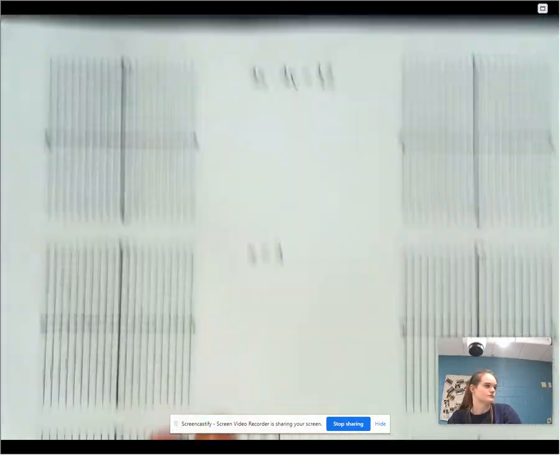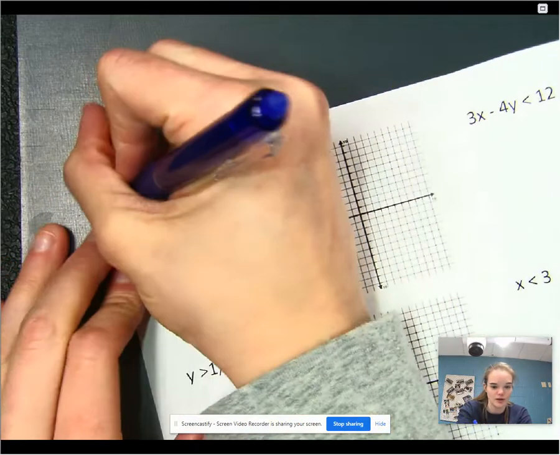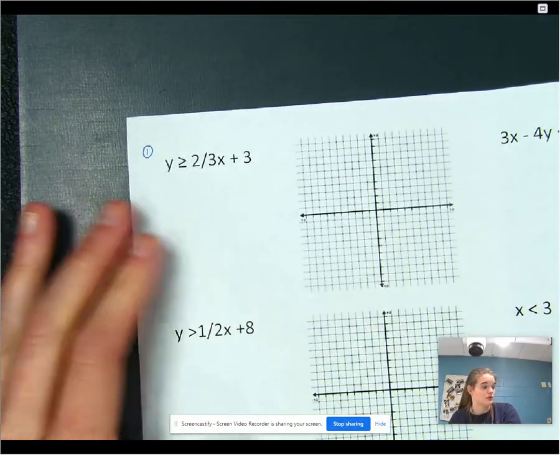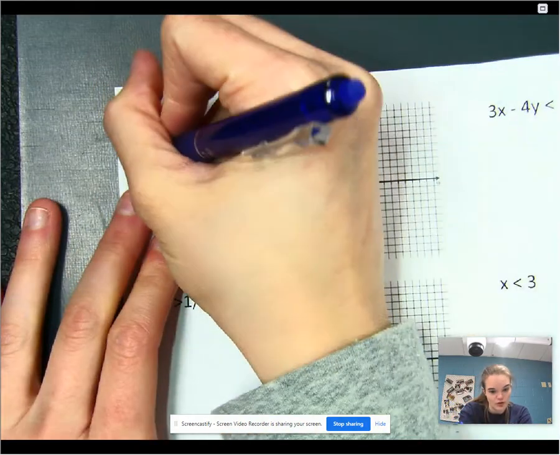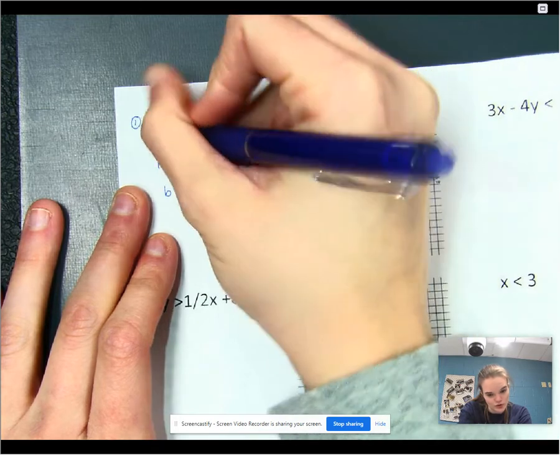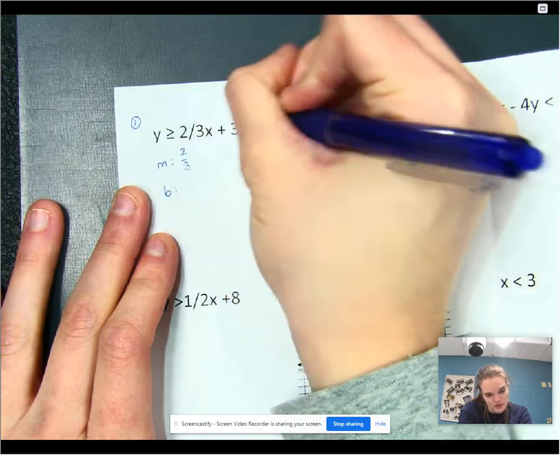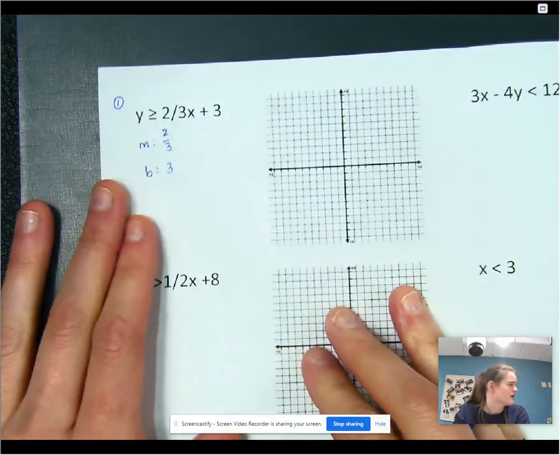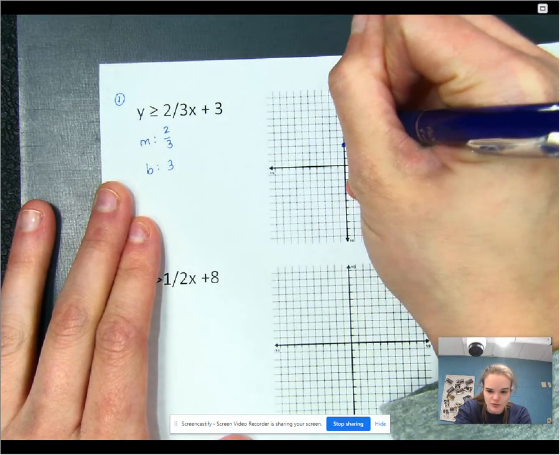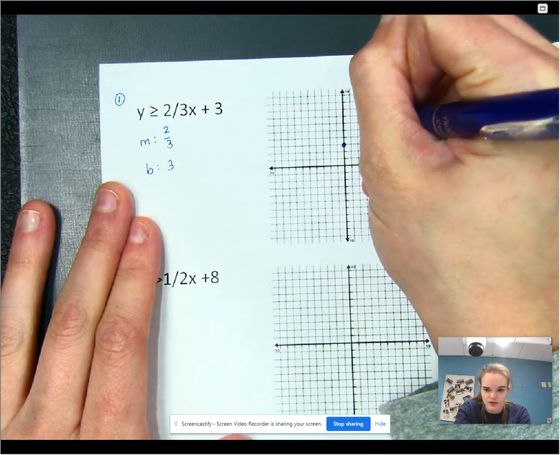Okay, we're going to label this one number 1. Is it already in y equals mx plus b form? Yes. So slope, y-intercept. The slope is 2/3. The y-intercept is 3. So put a point on 3. 1, 2, 3. Go up 2 over 1, 2, 3.